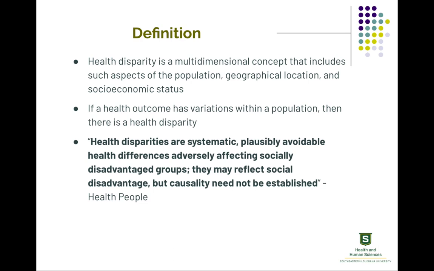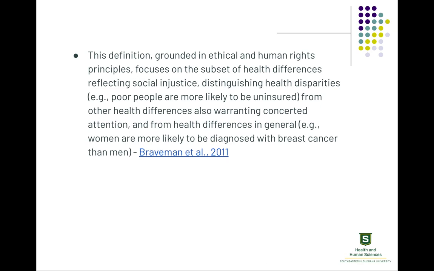They may reflect social disadvantage, but causality need not be established. So this is a very plenteous definition, but to break it down, health disparity is looking at the ethical or human rights principles that make one group of people have worse health than another group of people.